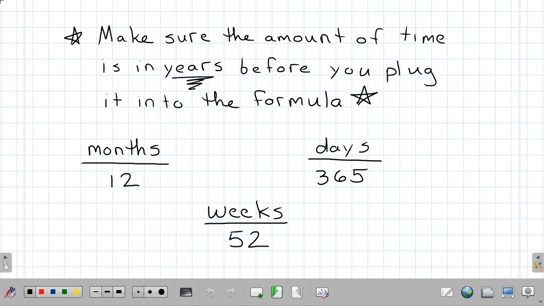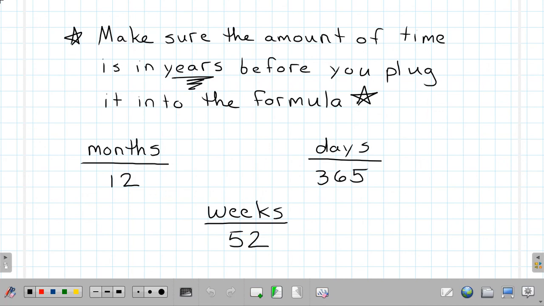If this part's throwing you off and you don't understand what's going on here, you need to definitely let me know, whether in class or by email if you're virtual. I can get you some help and some practice on converting time units.